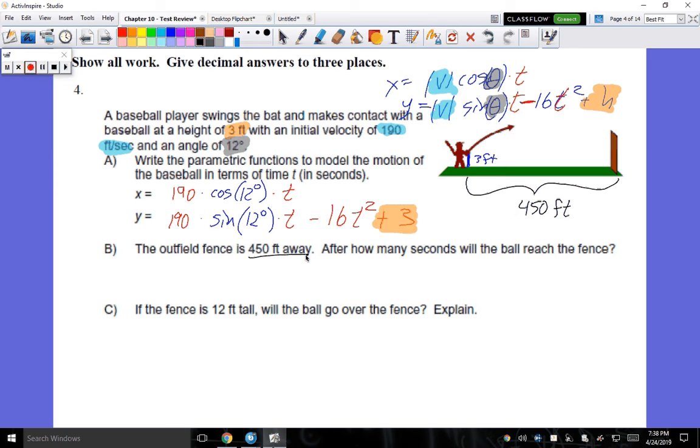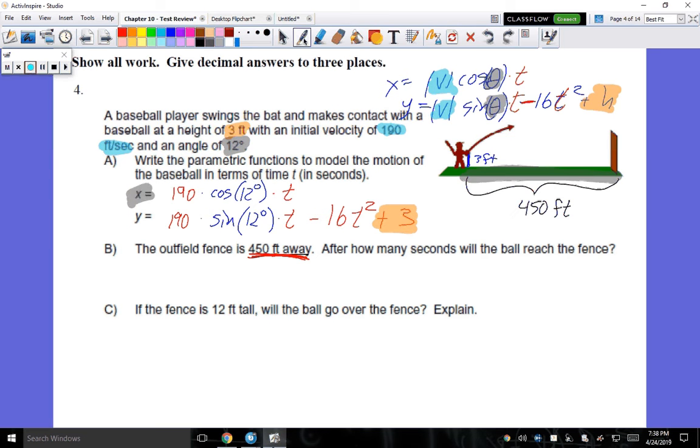First of all, what we need to do is figure out this time, this t that we're looking for. Okay? And if it's 450 feet away, we know that's a horizontal distance that we've recognized as x.